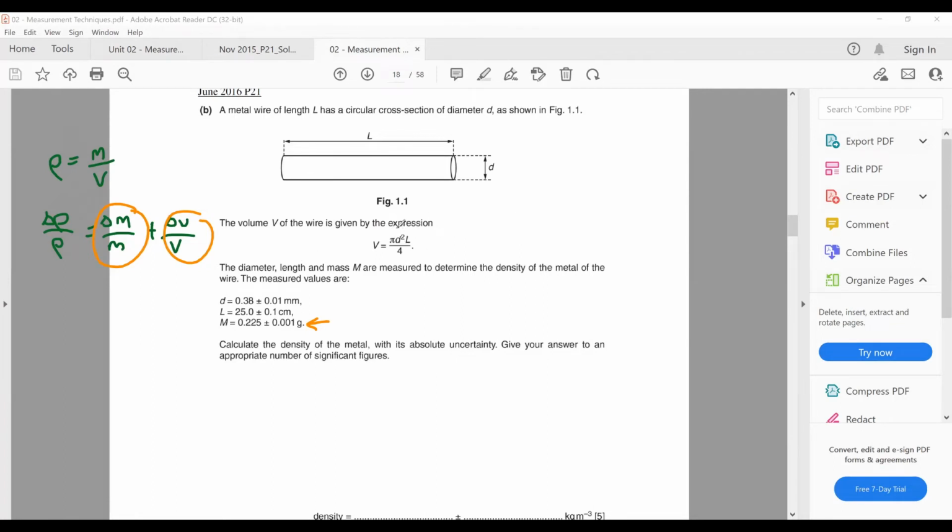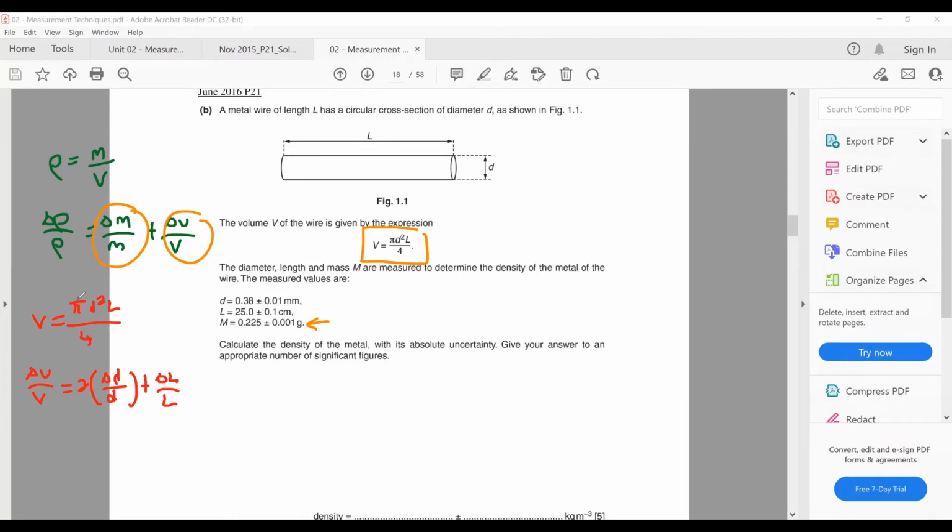You have to calculate it some other way. You see that v is equal to pi d square L over 4 here. So now you may be getting the idea, okay, v is equal to pi d square L over 4. This one will in turn give you fractional uncertainty of v equal to 2 times fractional uncertainty of d plus fractional uncertainty of L.